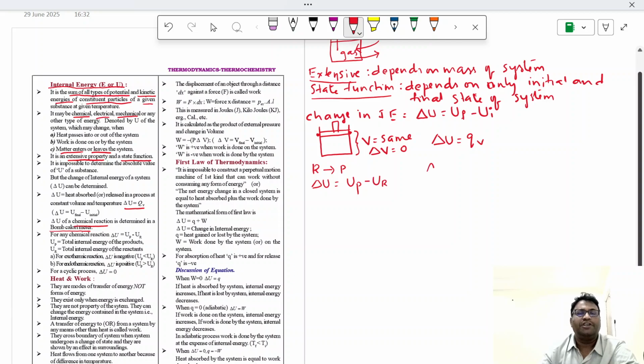For example, A plus B gives rise to C plus D. Here A and B are reactants and C and D are products. Then what is the change in internal energy for this chemical reaction?